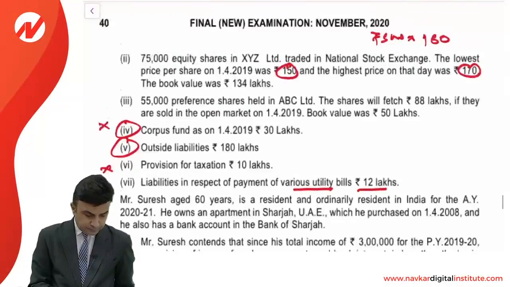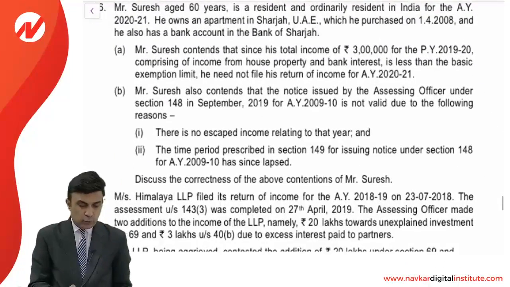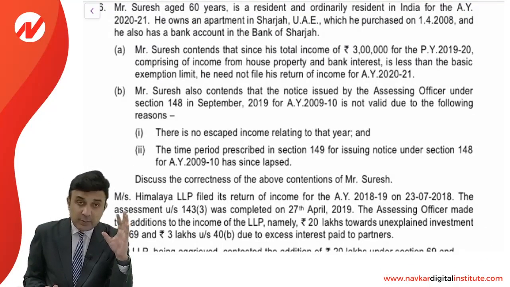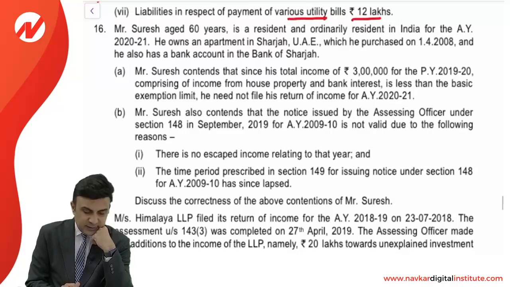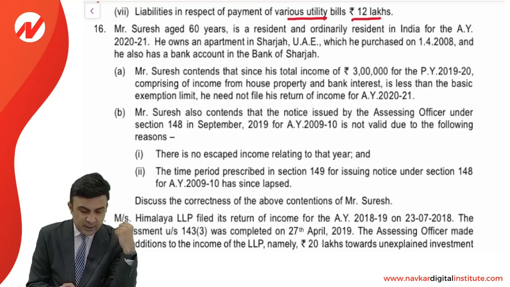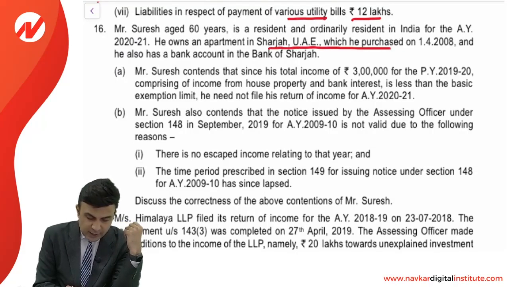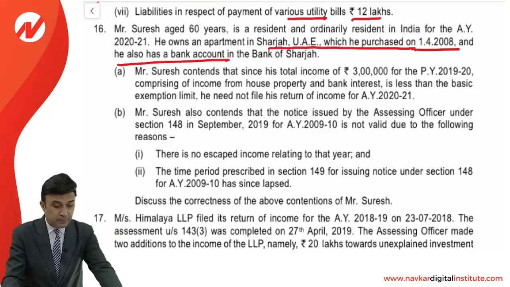We have now the portion related to, I think, non-resident. No, my mistake, resident only. Suresh, aged 60 years, is resident and ordinarily resident in India for AY 2021. He owns an apartment in Sharjah, UAE, which was purchased on 1.4.8, and also has a bank account in Bank of Sharjah.